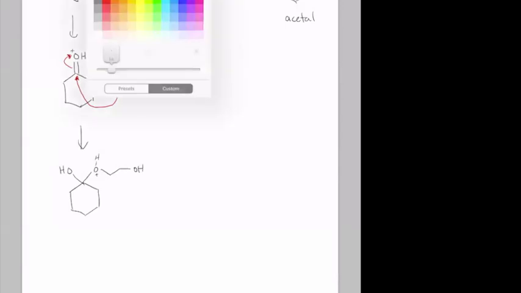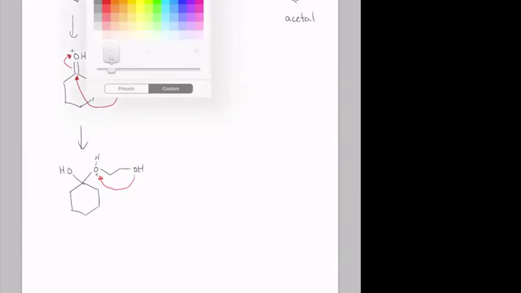This is just my guess, but wouldn't that alcohol attack the other oxygen that has a positive charge? In this case, it wouldn't. You're saying something like this. Yeah, something like that. First of all, instincts are pretty good in the sense that you have an electron-rich species attacking an electron-poor species.